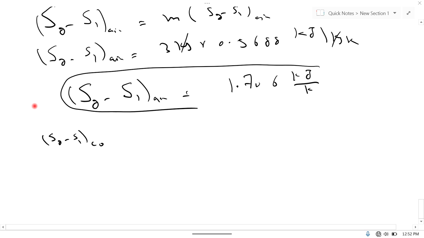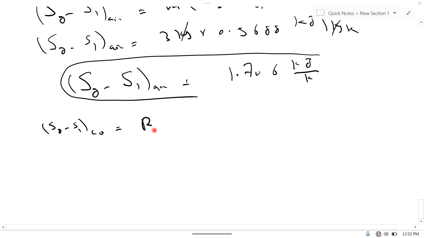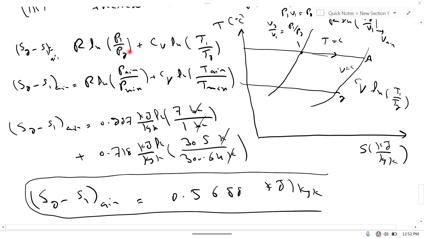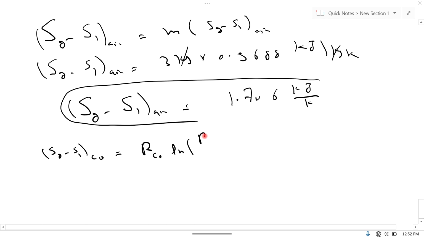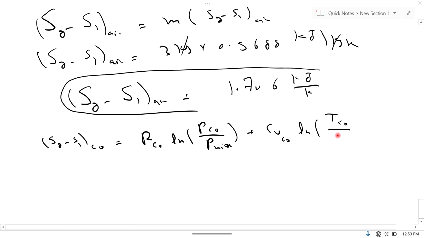So this is equal to R natural log of, now here we will use R per carbon monoxide, natural log of pressure of carbon monoxide divided by pressure of mixture, plus Cv per carbon monoxide, and natural log of temperature, this is T1 per carbon monoxide divided by temperature of the mixture. T2 is basically temperature of the mixture.